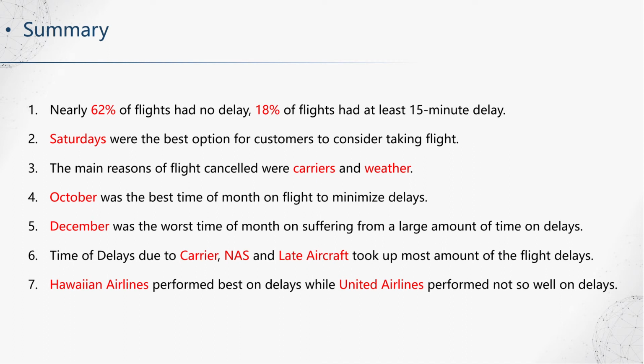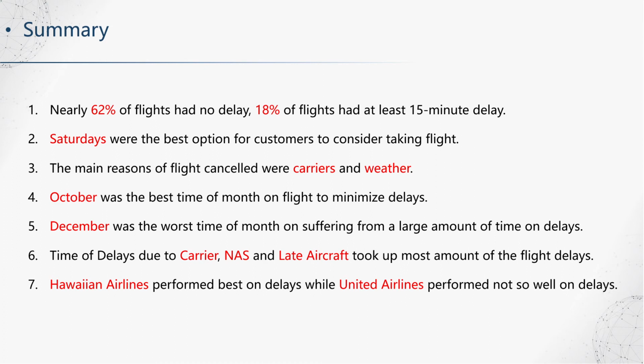Finally, to wrap up our insights: first, nearly 62% of flights had no delay. 18% of flights had at least a 15-minute delay. And Saturdays were the best option for customers to consider taking a flight. The main reasons of flight cancellation were carriers and weather. October was the best month to fly to minimize delays.